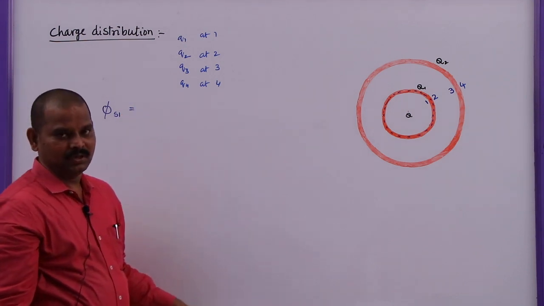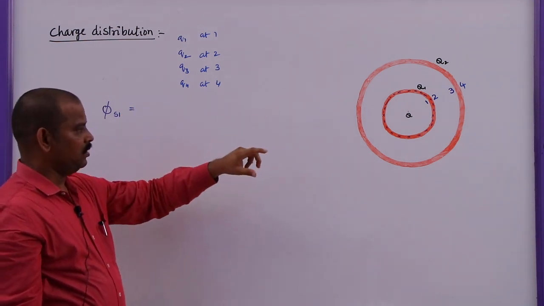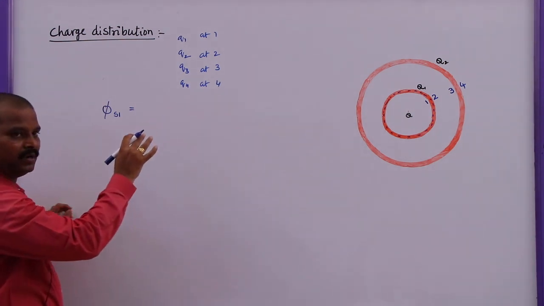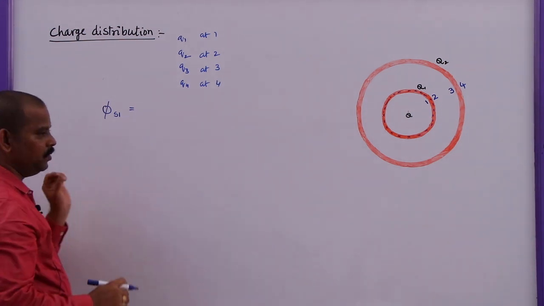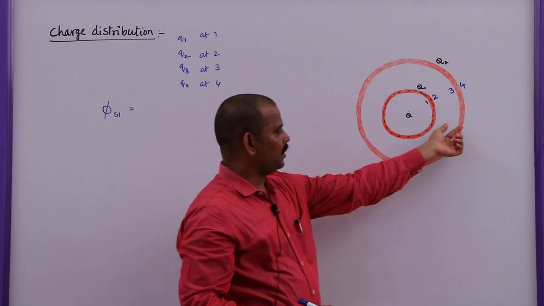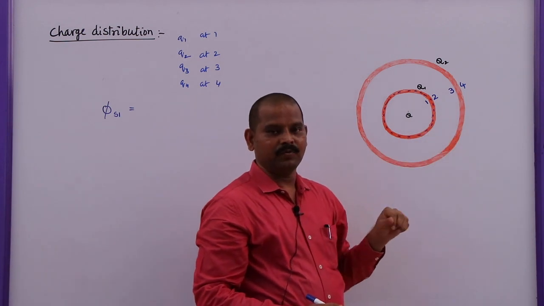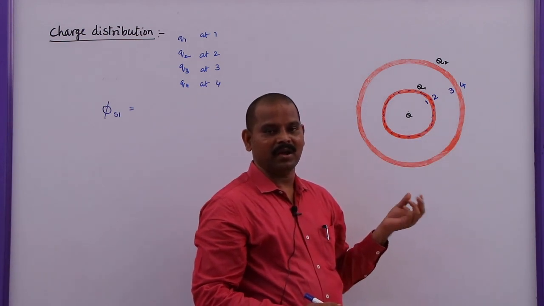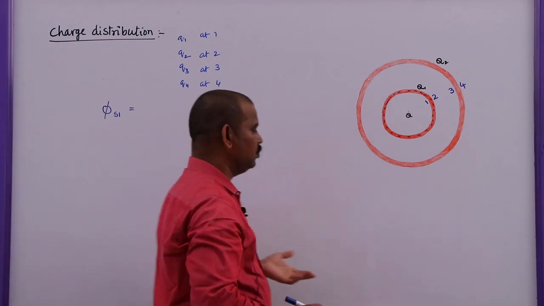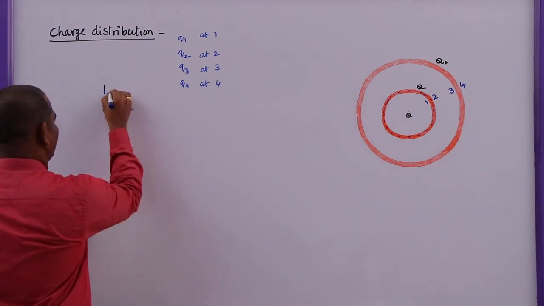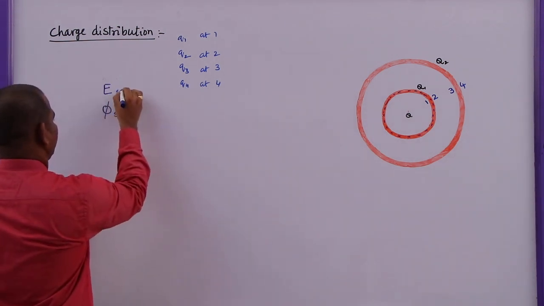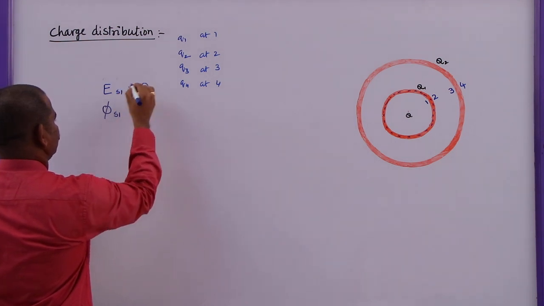The net flux is given by the total number of field lines passing through this one. Before that, as these two are metallic shells, the electric field inside a metallic shell or metallic body is always 0. So here I can write, the total electric field through the first sphere is 0.